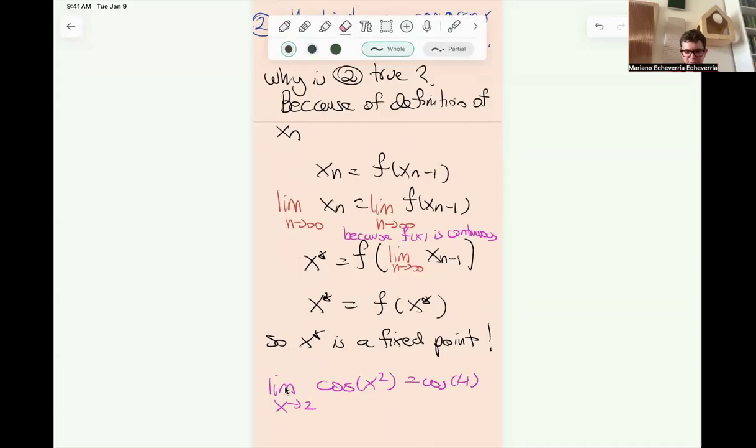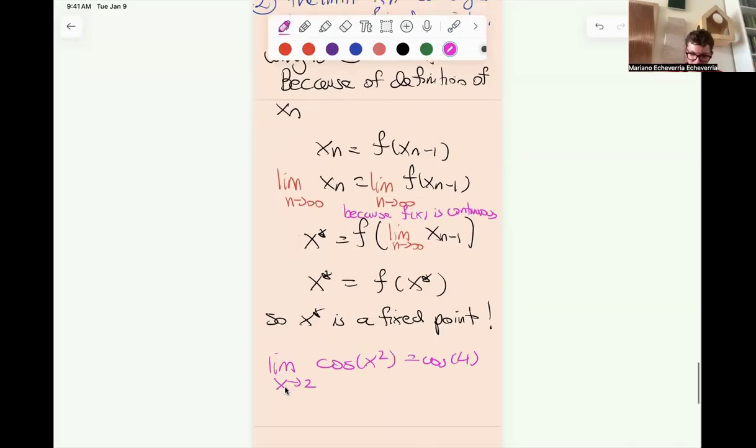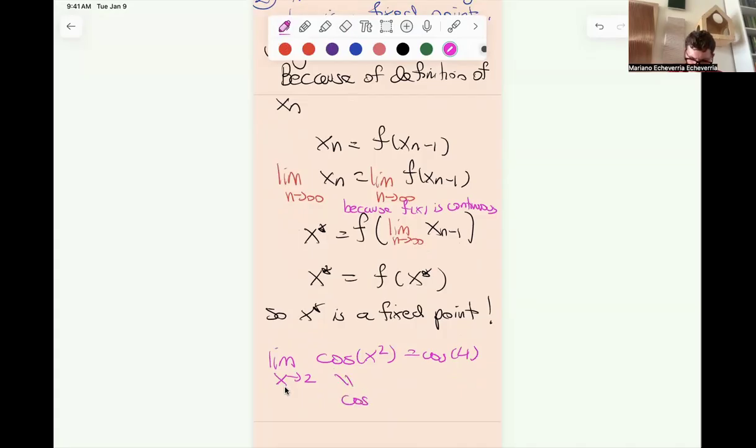I will erase this, but it's so used that you don't even realize you're using it, if that makes sense. Essentially, if you break it into mini steps, what you're moving is the limit inside the cosine. People don't even write that because it's so intuitive that it seems a bit more confusing if you write it that way, right?